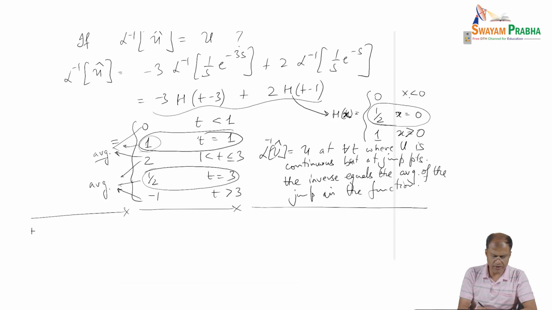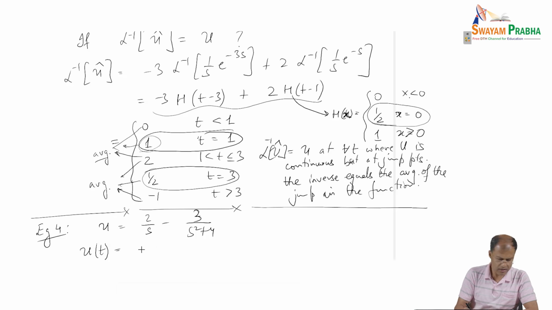The example that we have is u hat(s) equal to 2 over s minus 3 by s square plus 4, and we want to find u(t). So we want to find the Laplace inverse of u hat.